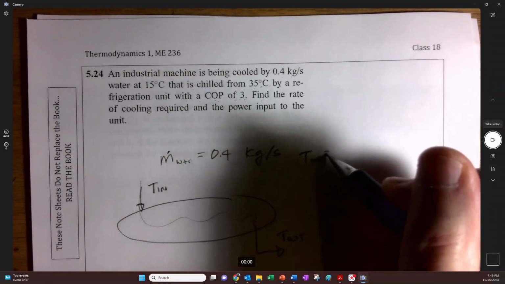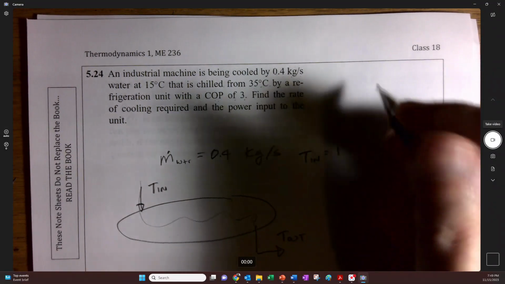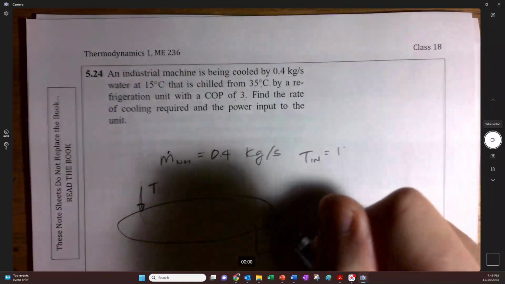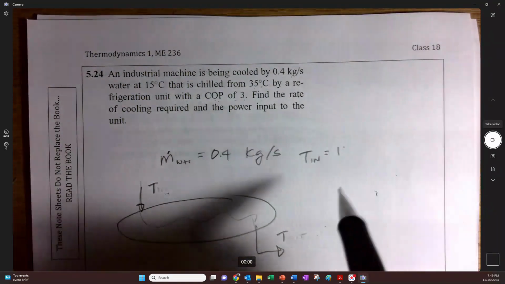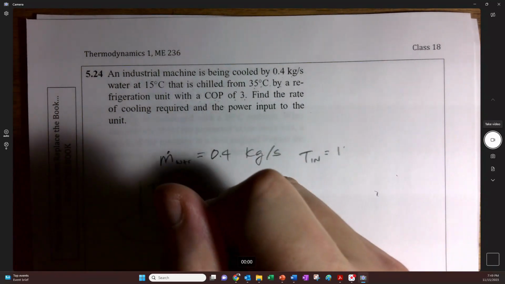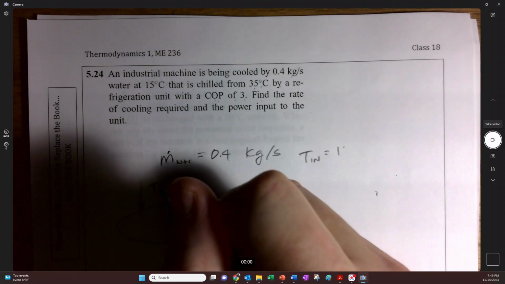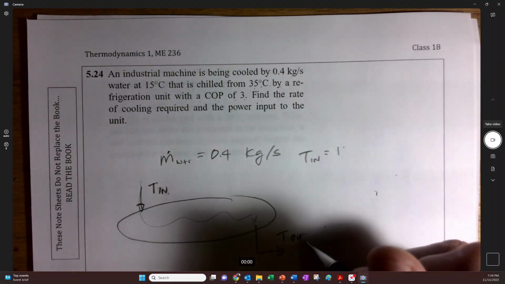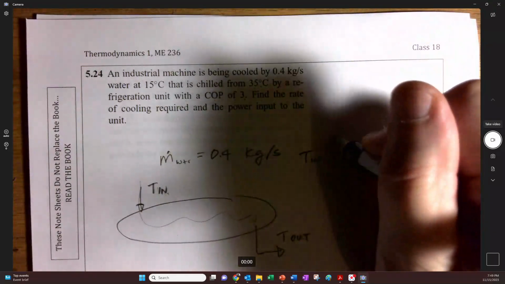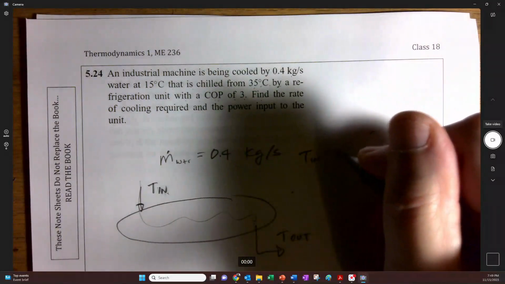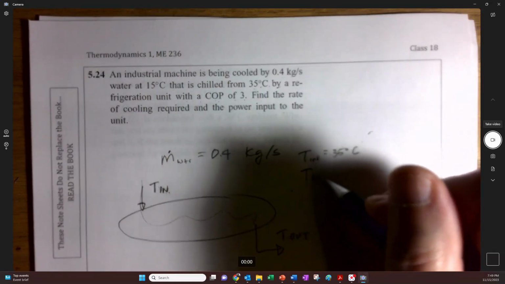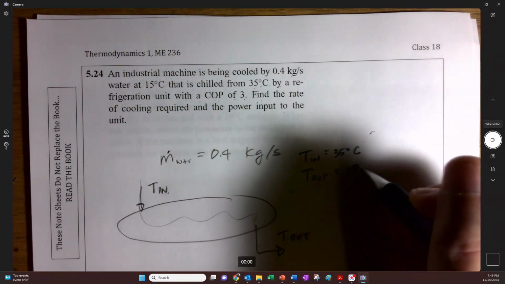Excuse me, my bad. Reading the problem a little more, it's cooling it from 35 to 15. So this is in and this is out. In is 35 degrees Celsius, and T out is equal to 15 degrees Celsius.